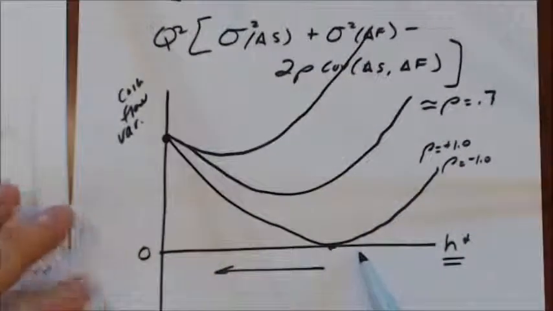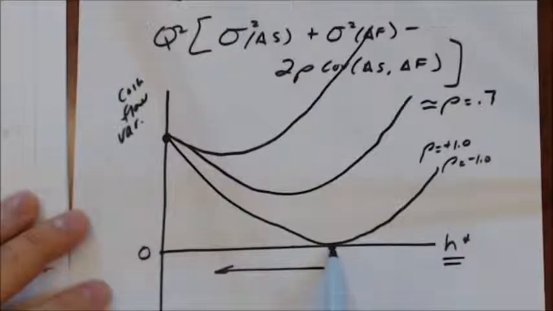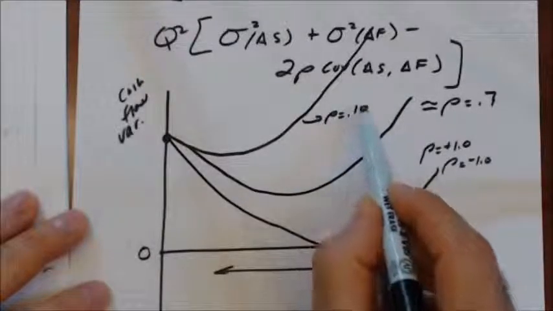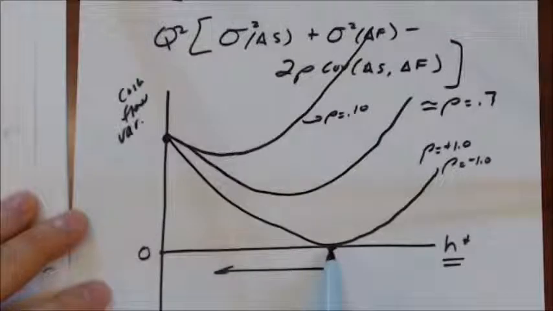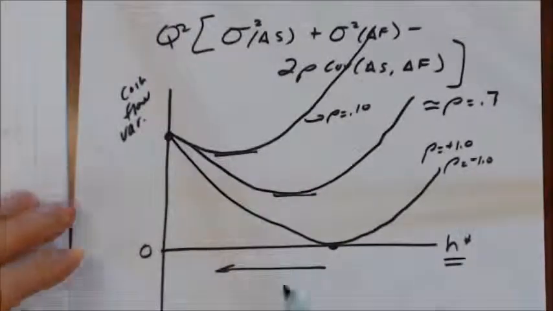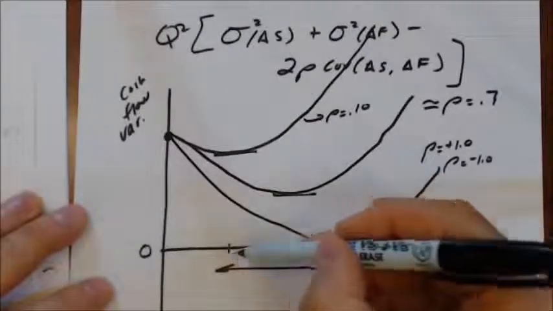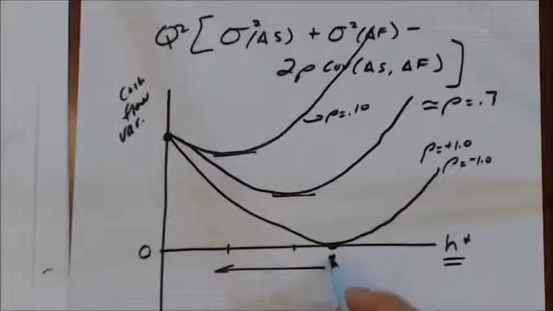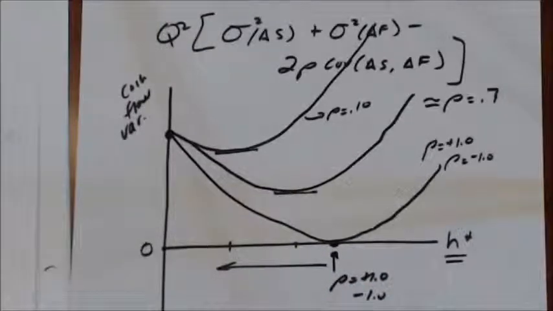So if you have the optimal hedge ratio given the correlation coefficient, we're looking for this flat spot, slope of 0. And your optimal hedge ratio will drop depending on the correlation coefficient. So you're going to have the highest hedge ratio when your correlation rho is equal to positive 1 or negative 1.